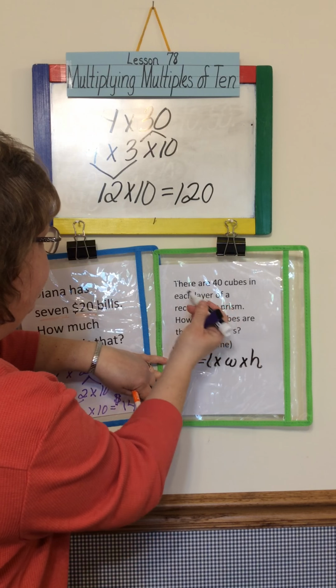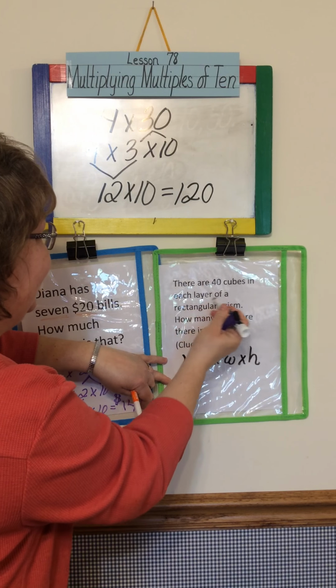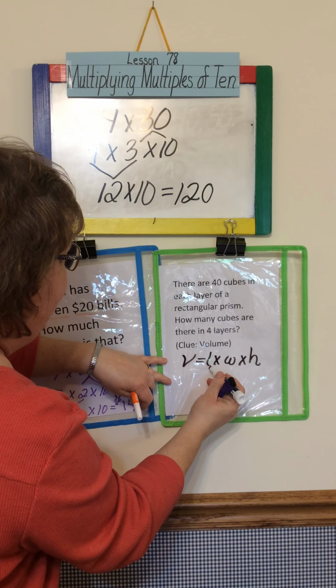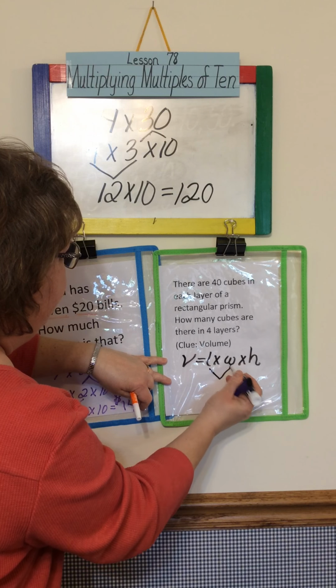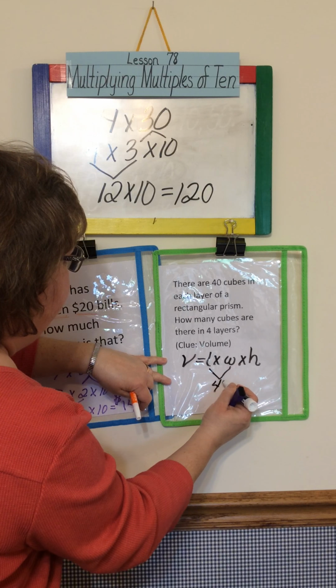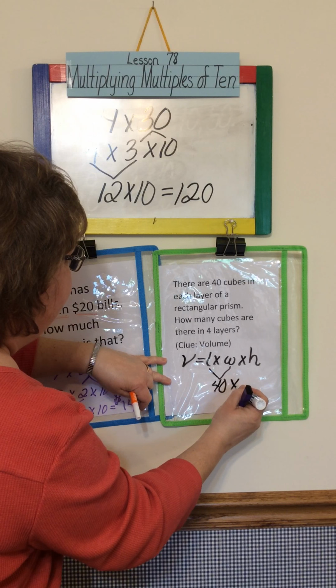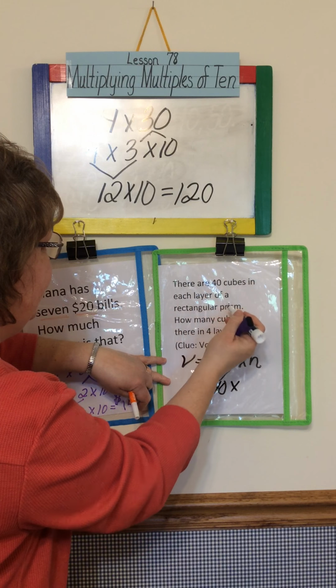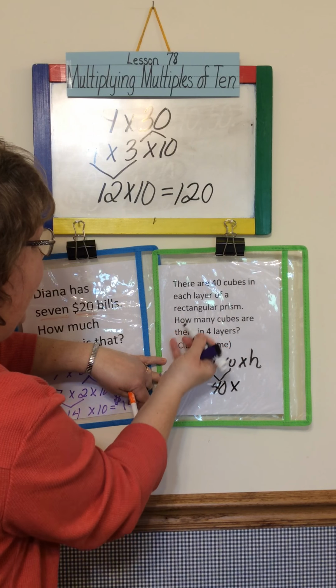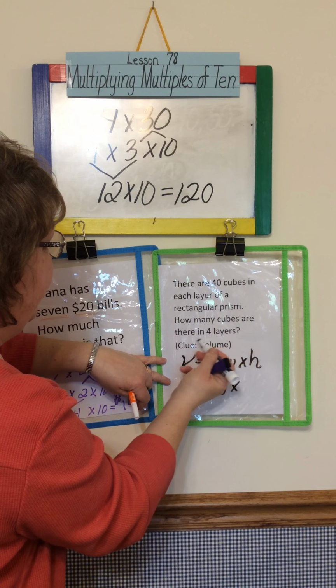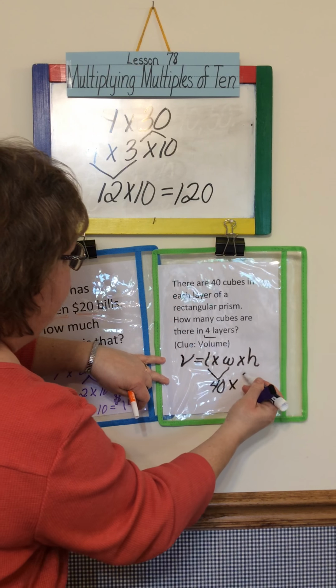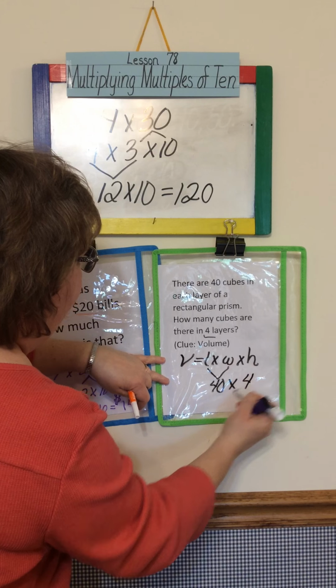Ladies and gentlemen, if there are 40 cubes in a layer, that is already your length and width. So it's 40 times, and it says in each layer of a rectangular prism. How many cubes are there in 4 layers? So 40 times 4.